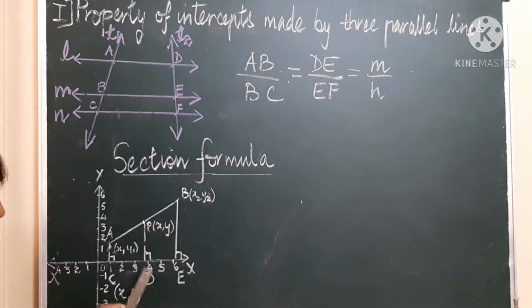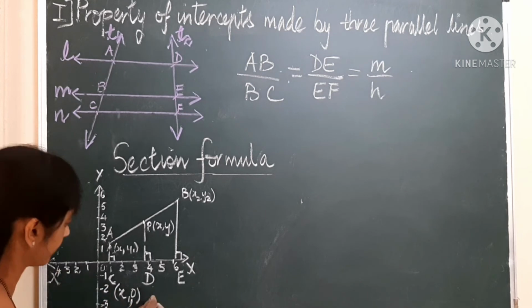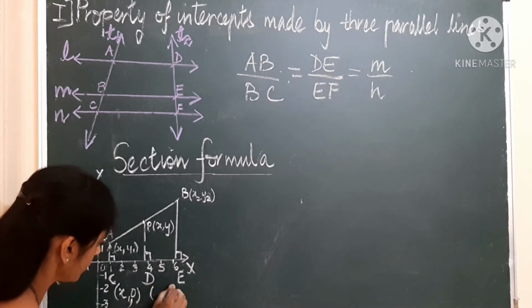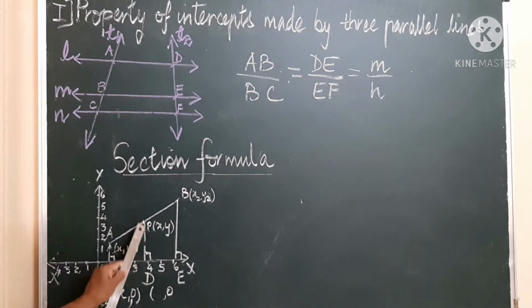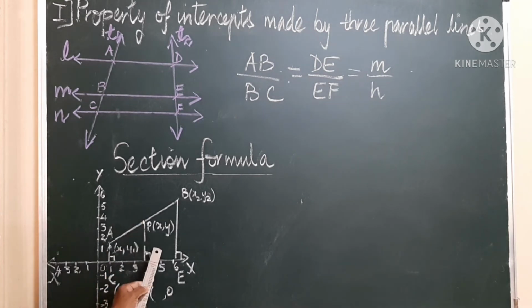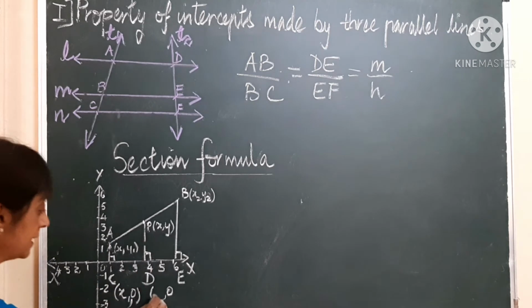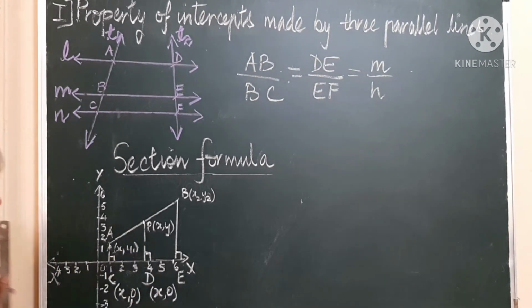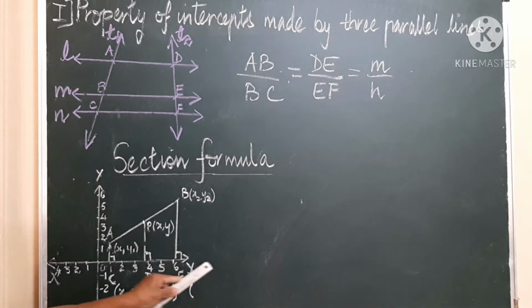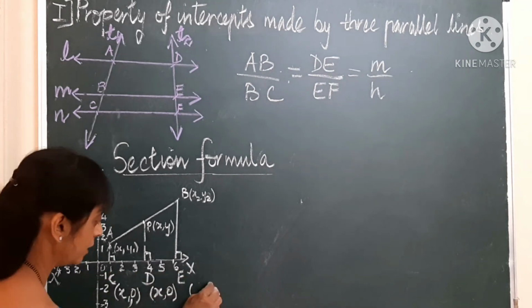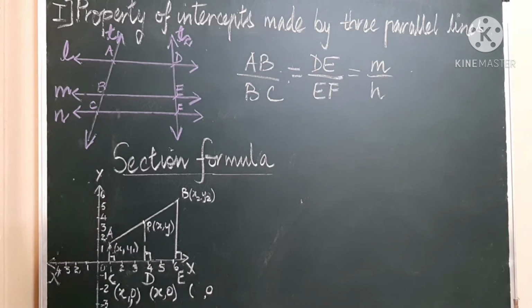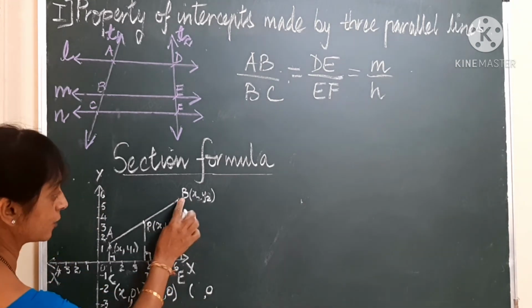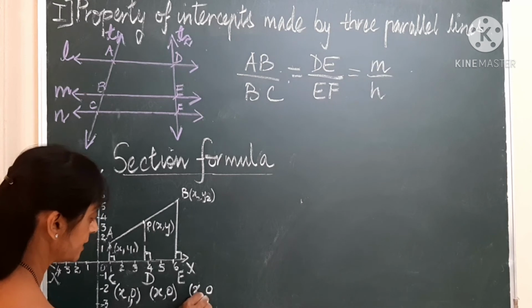Let's proceed to find the coordinates of D. Again, D is lying on x-axis, so its y-coordinate is 0. And what about the x-coordinate? The x-coordinate is the same as the coordinate given to P, that is x. Let's proceed to write the coordinates of point E. Again, E is lying on x-axis, so the y-coordinate is 0 and the x-coordinate will be the same as the coordinate of B, that is x2.